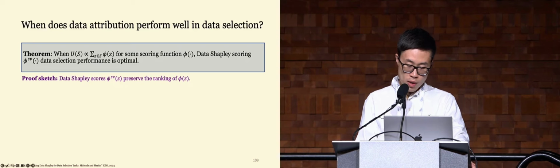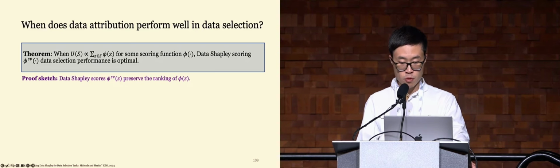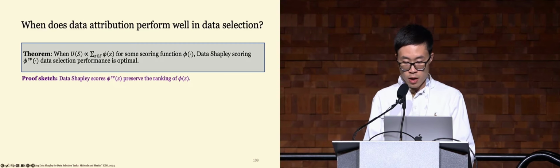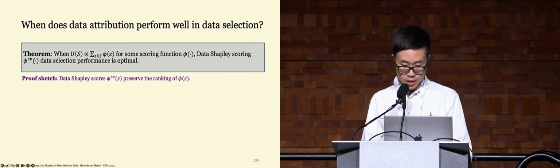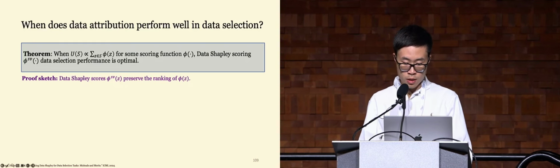We show that when the utility function is positively correlated to the summation of some scoring function, which is exactly the same as the underlying assumption for scoring-based data selection, then the data sharpness effectiveness in data selection is optimal. The proof is very simple.